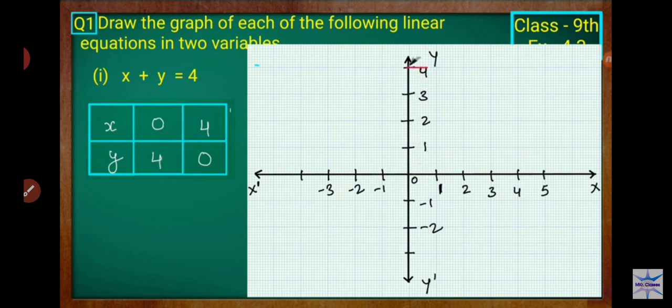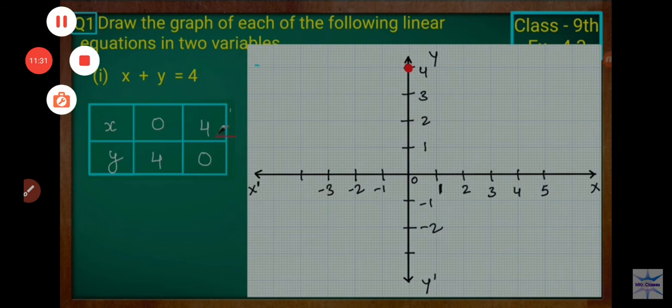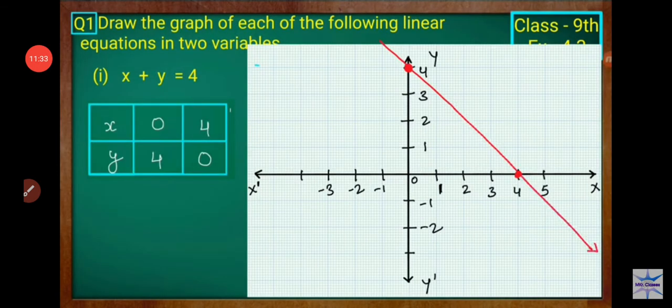Okay, (0, 4), where is (0, 4)? (0, 4) is here, and where is (4, 0)? See, so it will be a linear line. Okay, it will be a straight line. So this type you have to do in exercise 4.3, question number 2 first.